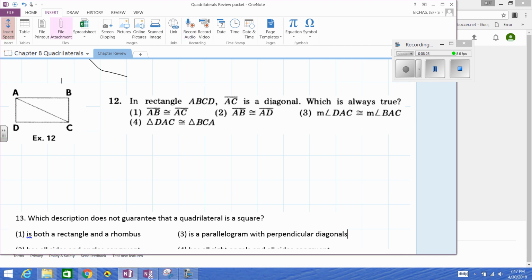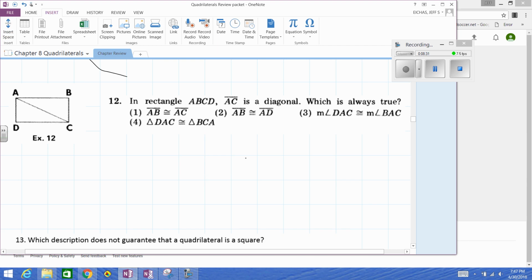Good. All right, now this one, which is always true. We got some more to work with here. Which feature is always true if it's a rectangle? So we know we have all right angles. Is AB congruent to AC? It can't be, because that's the hypotenuse of a right triangle and it's got to be bigger. That's got to be false no matter what.